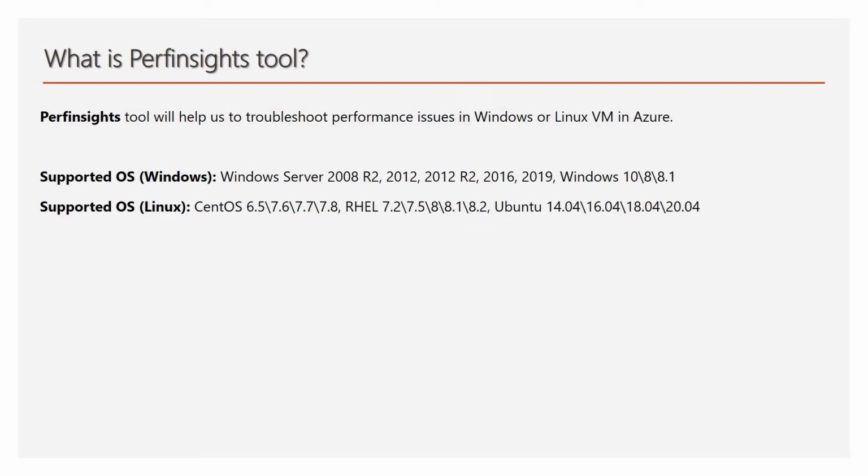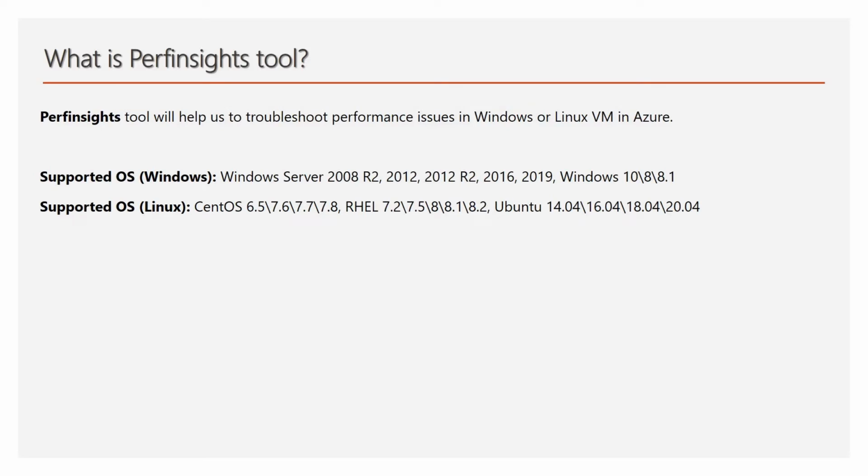There are some supported operating systems for Windows as well as for Linux. For Windows: Windows Server 2008 R2, 2012 R2, 2016, 2019, and Windows desktop operating systems, for example Windows 10, Windows 8, 8.1.